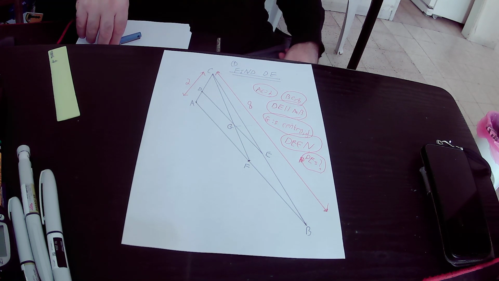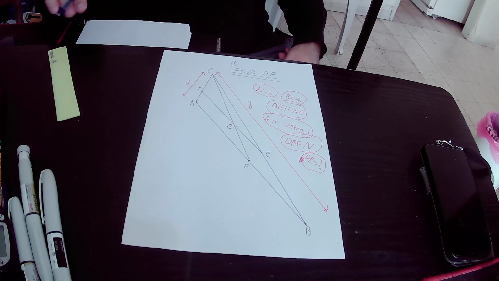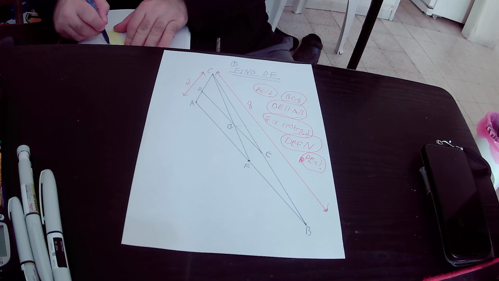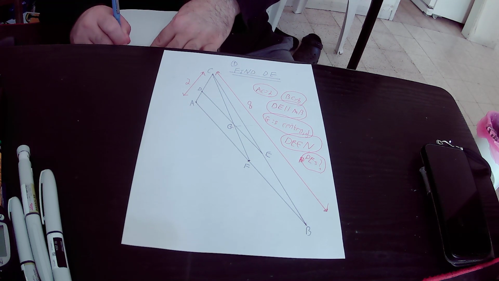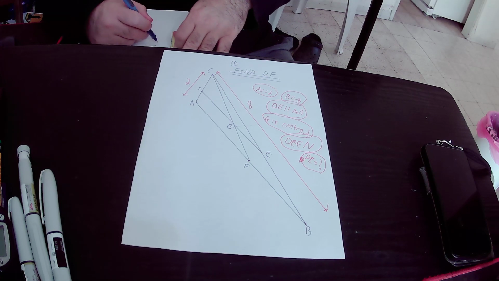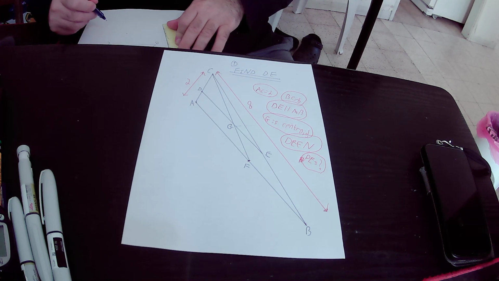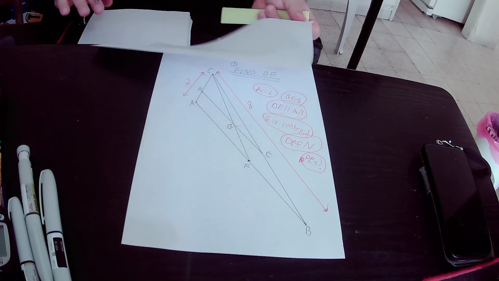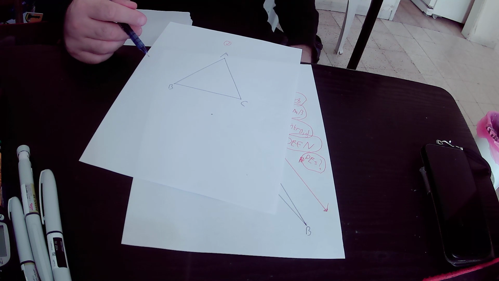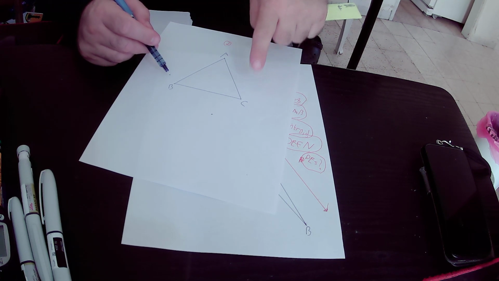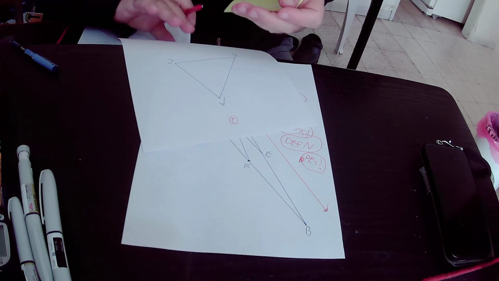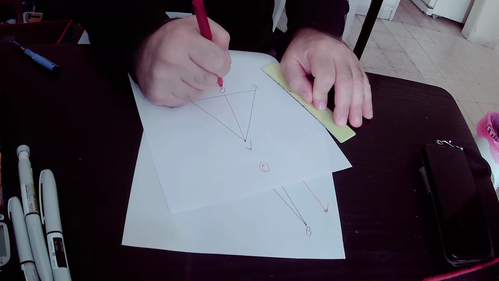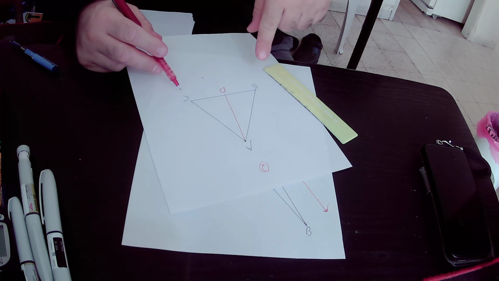Okay, so we have a rule that in any triangle, if we have triangle ABC, and in triangle ABC we know that the median to BC is AD, the median AD divides BC into two equal parts.